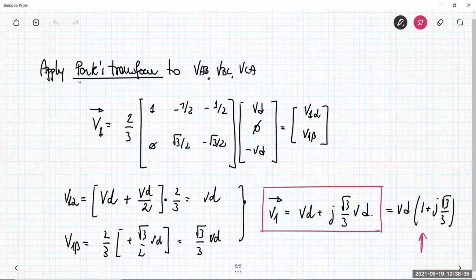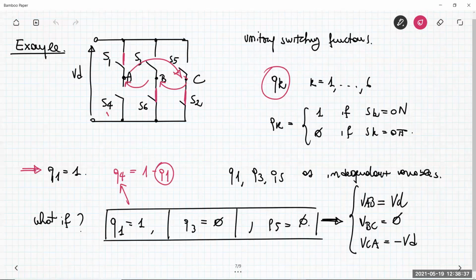This combination that I indicated here as an example, the sequence 1, 0, 0, starting from Q1, Q3, and Q5, exactly in this order, is called the switching word, which is 1, 0, 0.